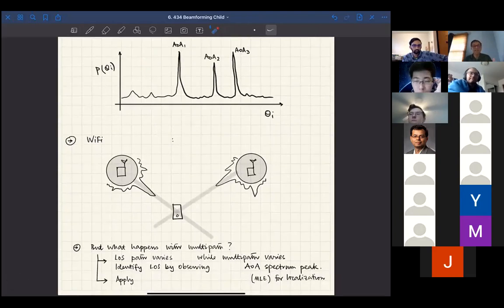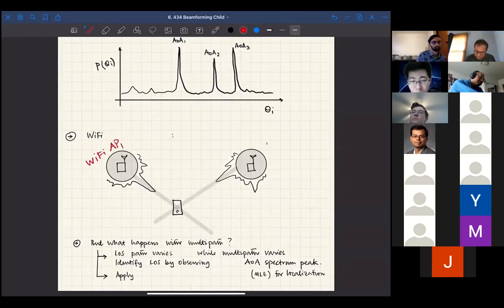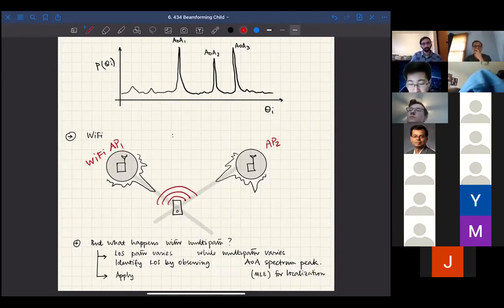Okay. So now let's bring all of this to a practical system. Let's go back to indoor localization with Wi-Fi. These are your Wi-Fi routers, Wi-Fi AP1, AP2. And your phone transmits a beacon. And your Wi-Fi router 1 does AOA and figures out, oh, the beacon is coming from angle θ1.